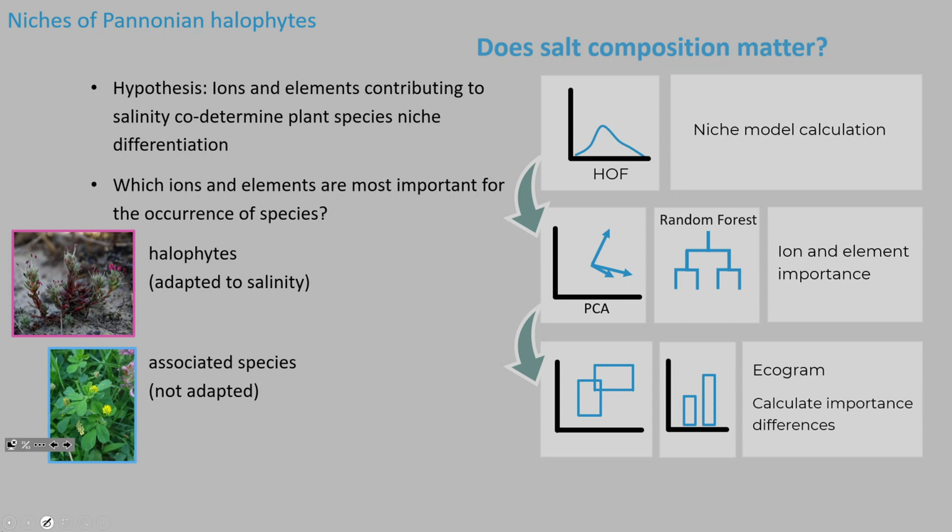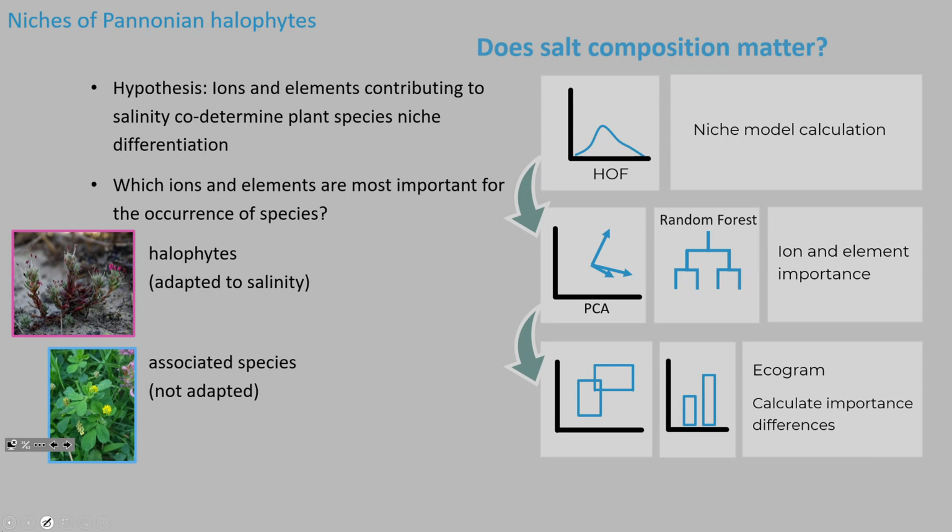Additionally, to explore how important ions and elements are, or if they're important at all, we took only the soil data and calculated a PCA with it to see how the single ions and elements contribute to the variance in our data set.